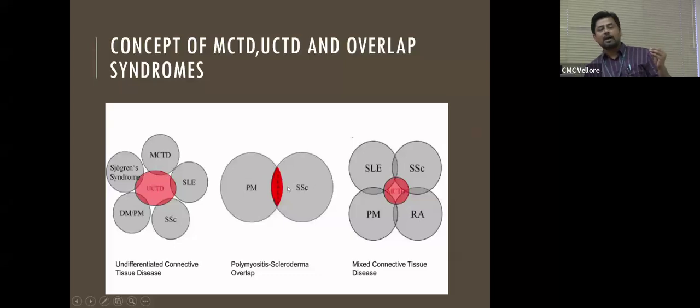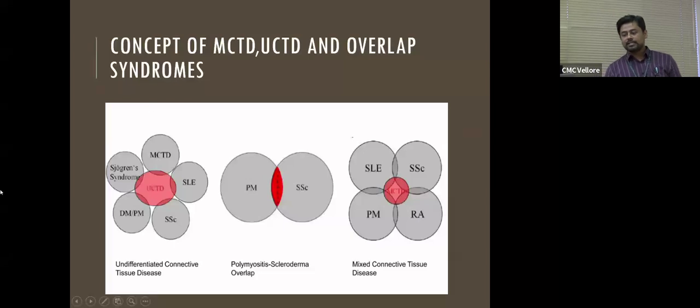What do you mean by overlap syndrome is also important to understand. What is overlap and what is overlap syndrome? Overlap syndromes are basically generally described syndromes where, for example, systemic sclerosis, myositis overlap syndrome is well described. So that is a syndrome. While overlap, mild overlaps can happen between diseases. So when do we call something as overlap? It should fulfill the criteria of the first disease and the second disease at the same time.